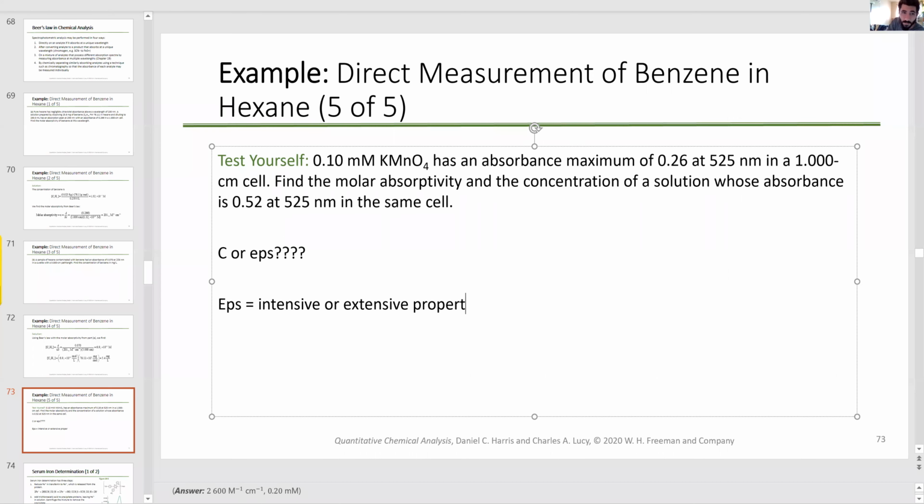Is intensive inherent to the object? Yes. Think intensive. Yes, exactly right.